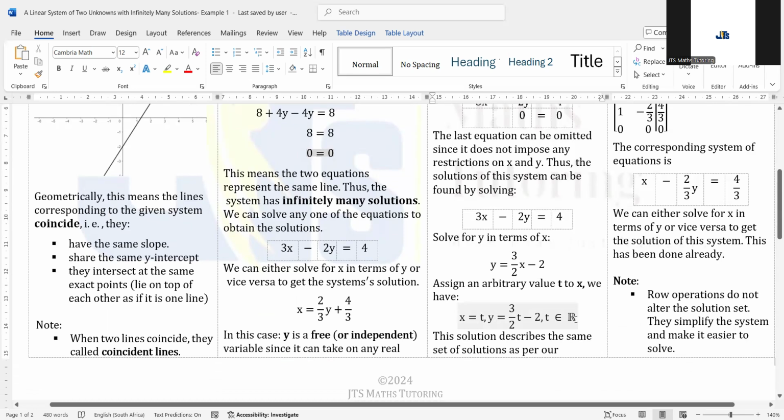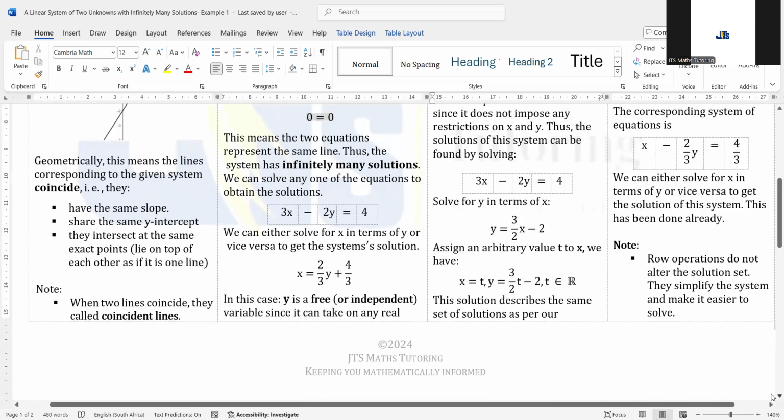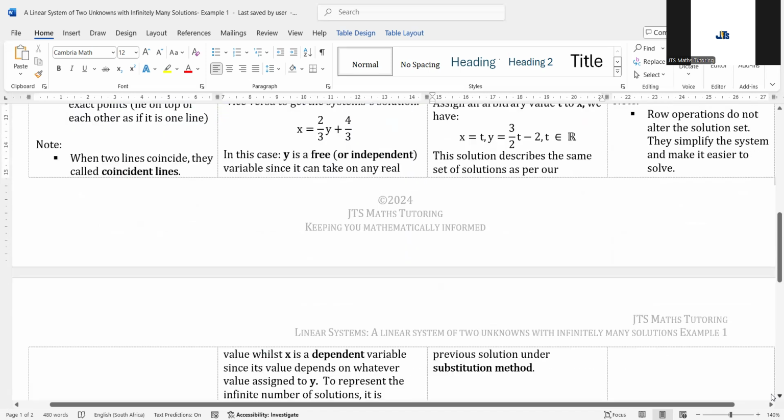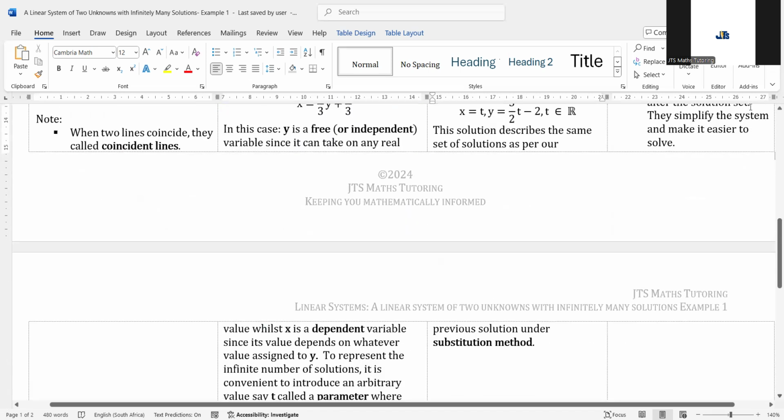And this is how you're going to get the parametric form if you decide to do that. Remember, it still describes the very same set of solutions, as per the method that we used earlier on. Okay. Do I have anything down there? No, okay, cool. That is the statement which I've just said.